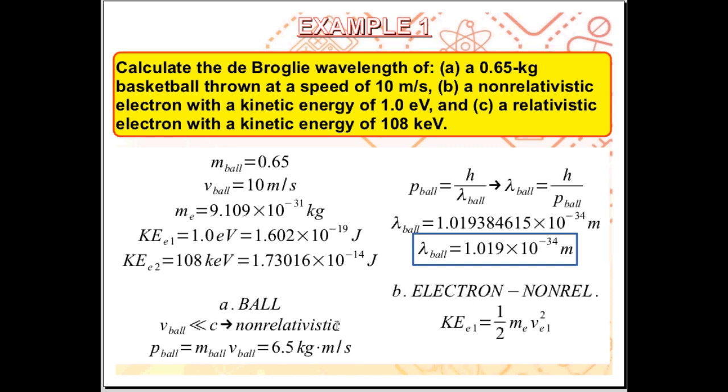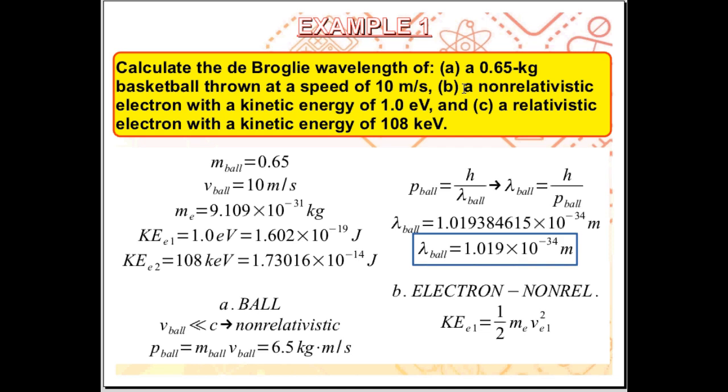The de Broglie wavelength is given by p equals h over lambda. Rearranging, we have lambda equals h over p. h is a constant, so we know the value of that, and we have just calculated p ball, 6.5 kilogram meters per second. We are able to calculate the de Broglie wavelength of the basketball: 1.019 times 10 to the negative 34 meters.